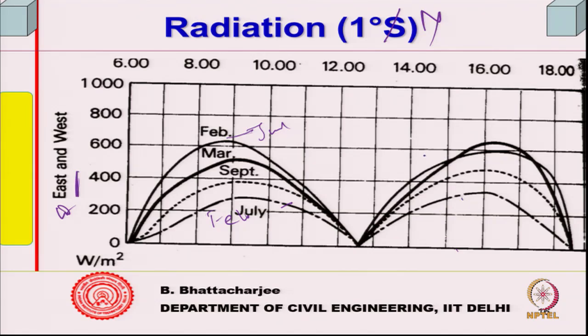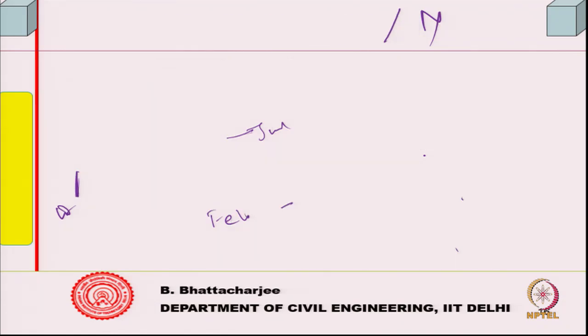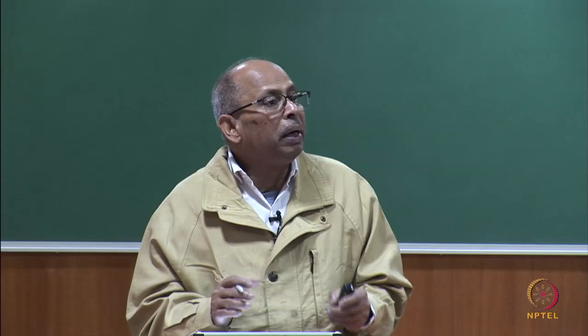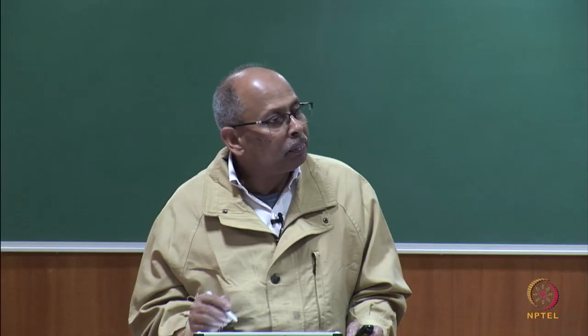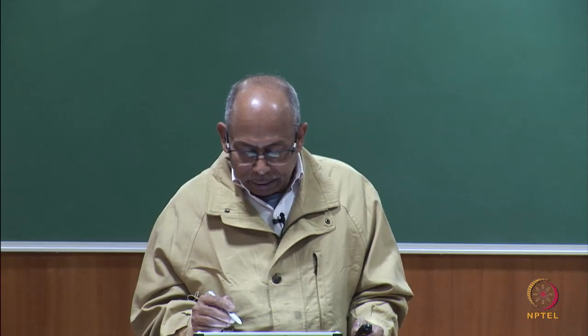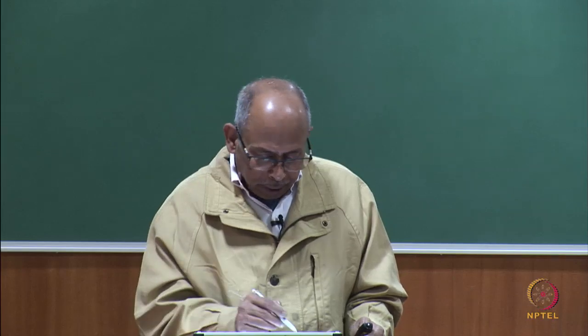So, you see close to the equator you get a radiation pattern which is not too far different on the surface which receives sunlight, it does not vary too much if you are close to the equator. But if you go away from the equator, let us say the same one, this was of course the south surface.